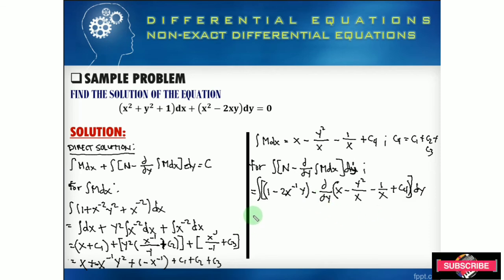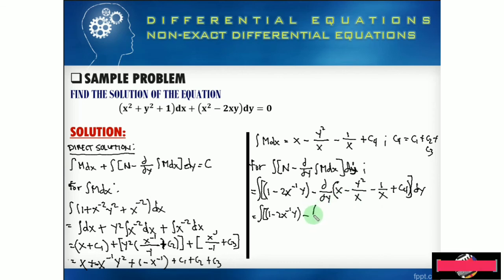And then after we have here this integral of 1 minus 2 x raised to the negative 1 y, okay? So this quantity minus the partial derivative, we go directly to the partial derivative.